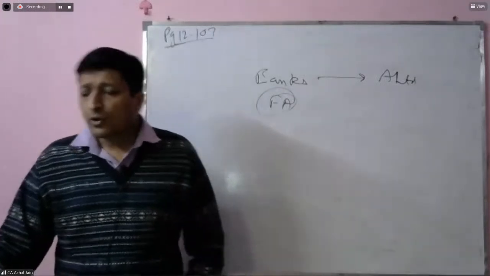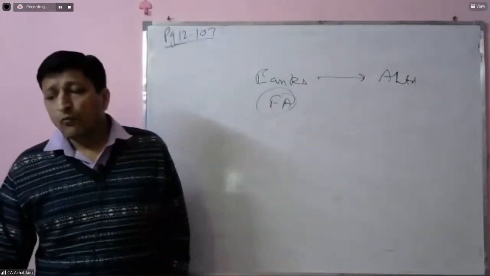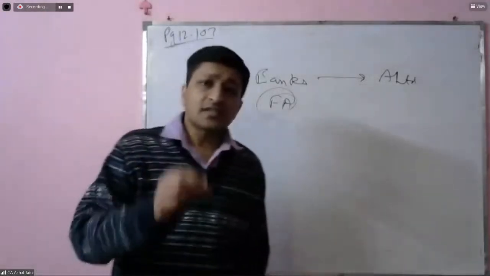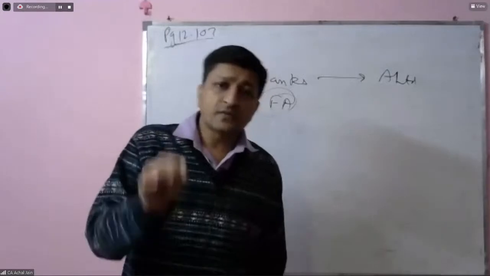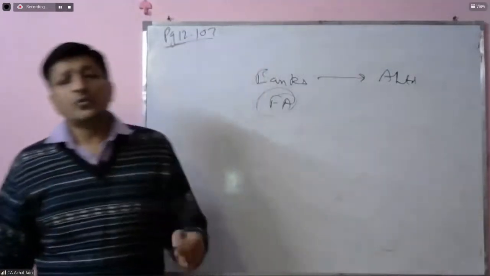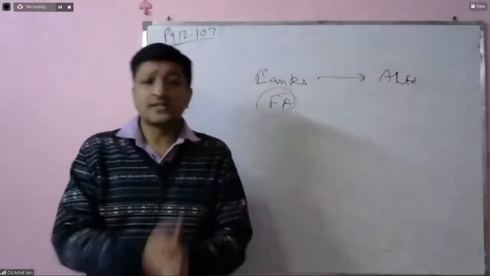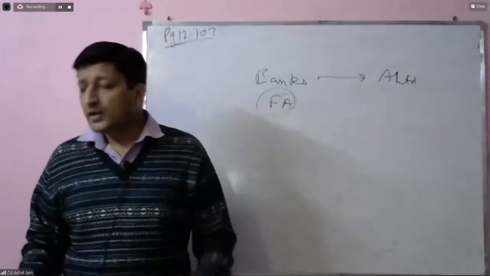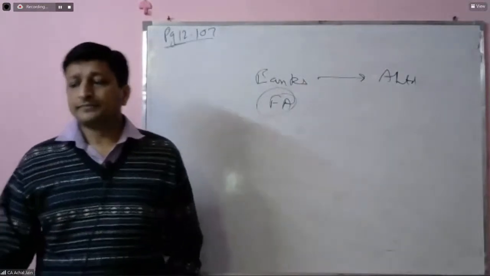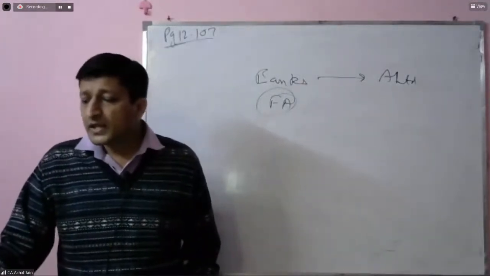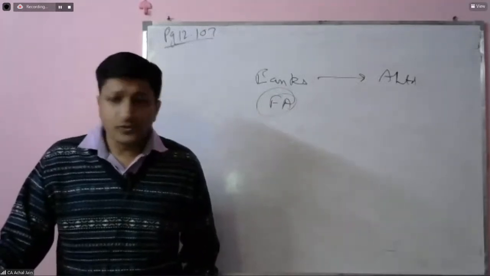Now, if you look at all of these situations, what are they indicating? They are indicating that the risks and rewards which are attached with the financial asset have been substantially transferred. And this is something which will have to be analyzed, as I told you, by going through the terms of the contract. Okay, so now I'm coming back to the flow chart.